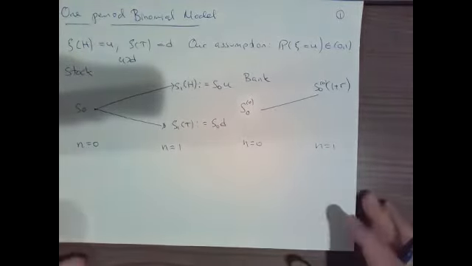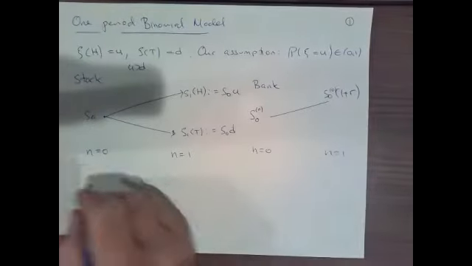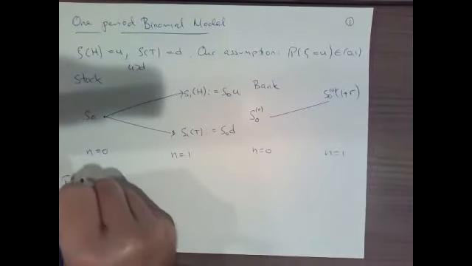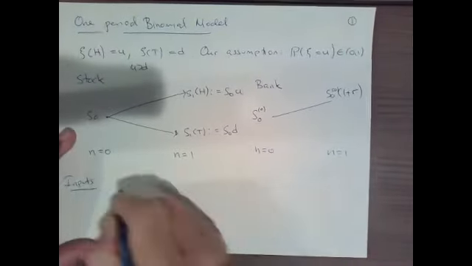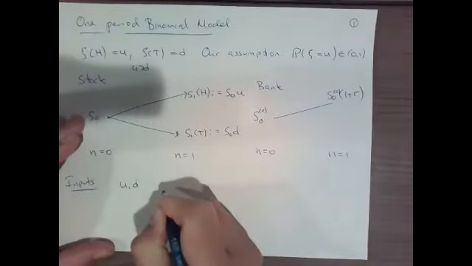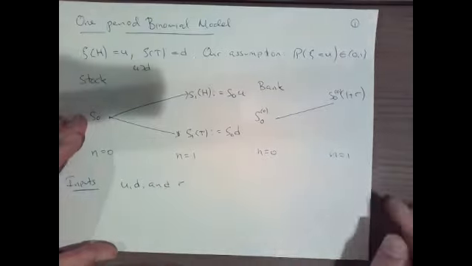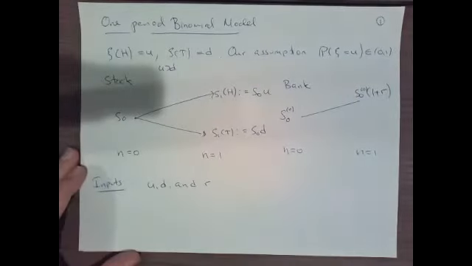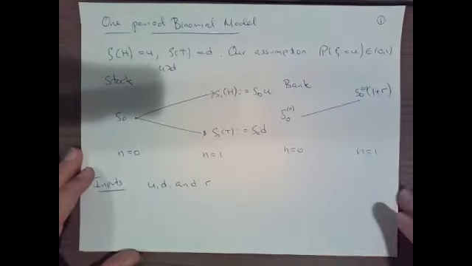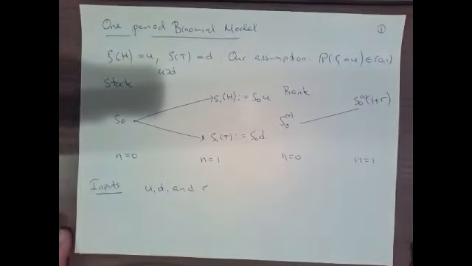So the input parameters are u, d, and r. This is the one-period binomial model, which we talked about last time.